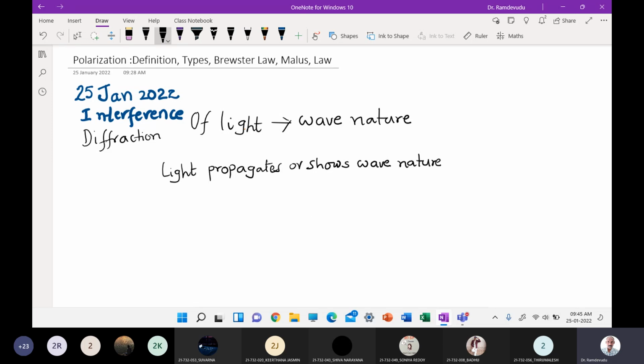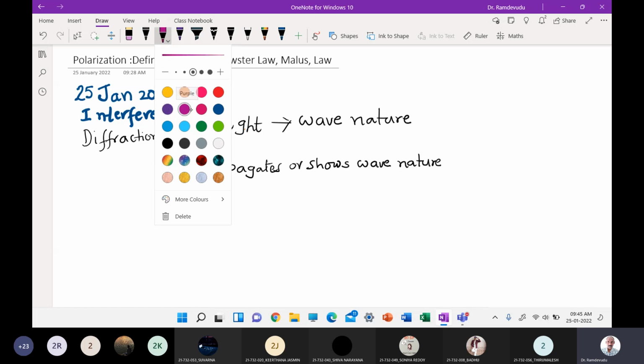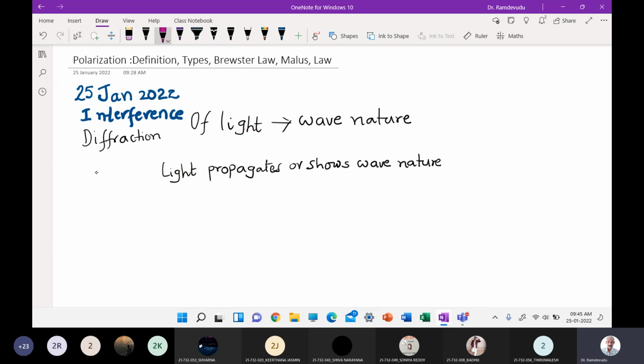So the properties diffraction and interference are just inferring that light is a wave, but the property polarization of light establishes, beyond doubt, the fact that light is a transverse wave.